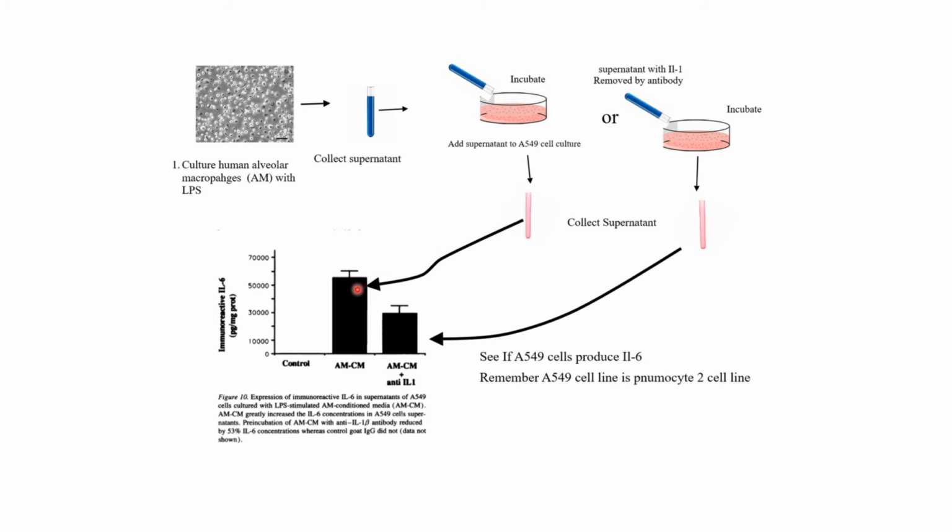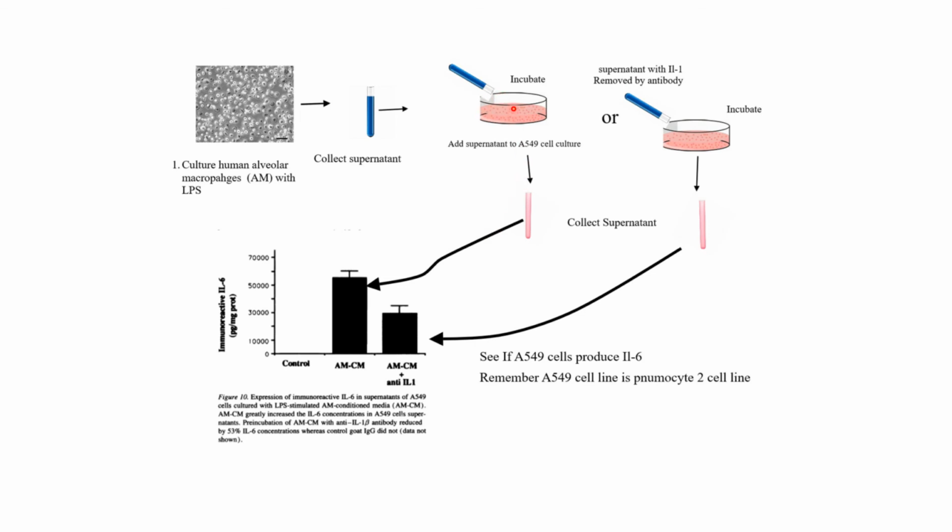These A549 cells then produce a lot more IL-6. If you remove any IL-1, since the macrophages may have produced IL-1, you take IL-1 out, then give it to the A549 cells, leave them overnight, collect the supernatant, they still produce IL-6. Not as much as if you left the IL-1 in it.